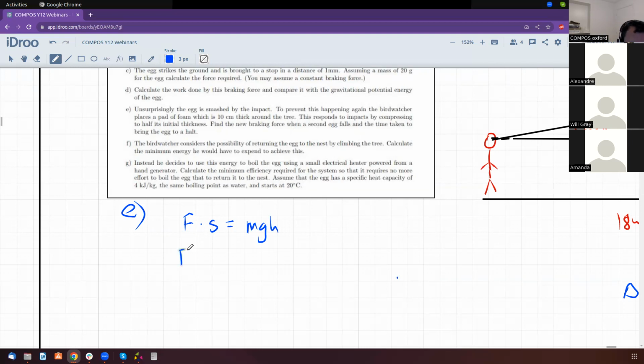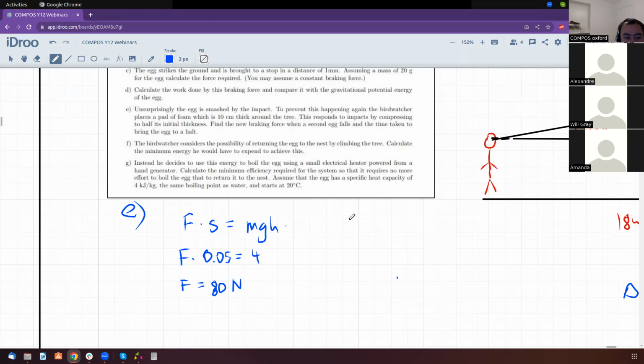So force multiplied by now it's 5 centimeters, 0.05, equals, we know that this is 4 joules. So F is equal to 4 divided by 0.05, which is 80 newtons, which is much lower, as you can see.